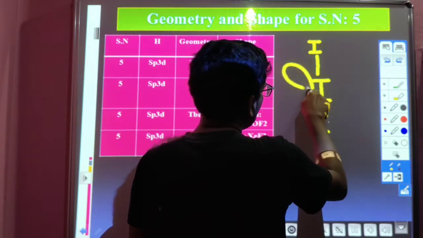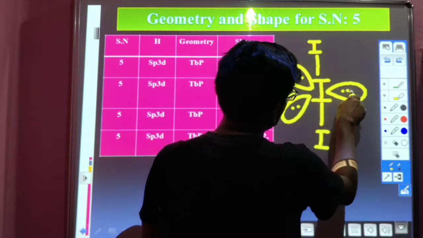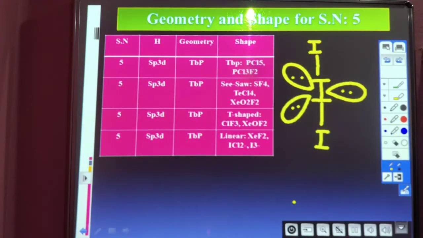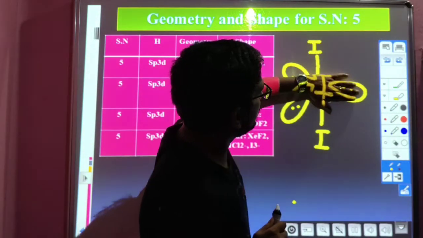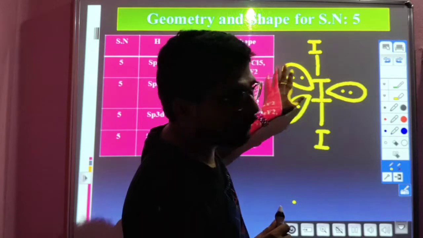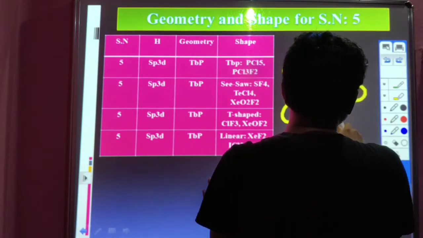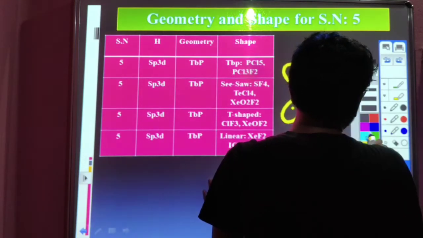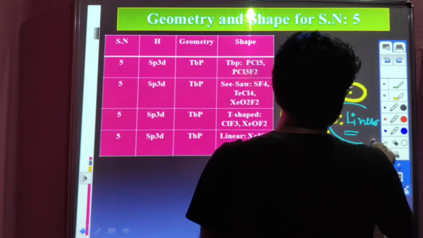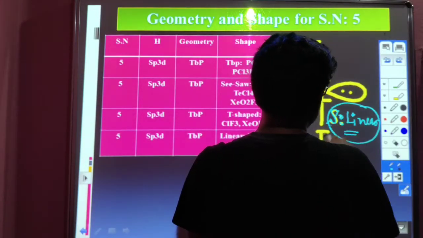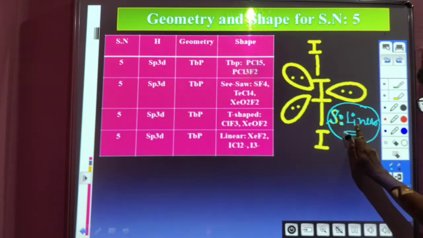So put one lone pair here, one lone pair here, and another lone pair here. Now what will be the shape? While looking at shape, remove this one. Don't look at these 3 lone pairs. Isn't it linear? So shape is linear.